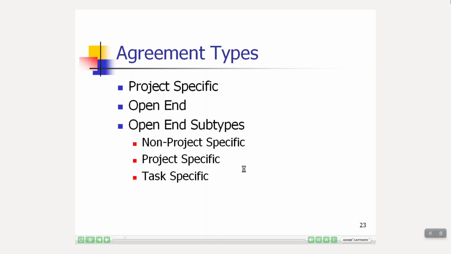There is a new subtype for open-end project-specific agreements. There's also a subtype of task-specific for open-end task-specific agreements. So the open-end agreements will now have a subtype, either non-project specific, project specific, or task specific.